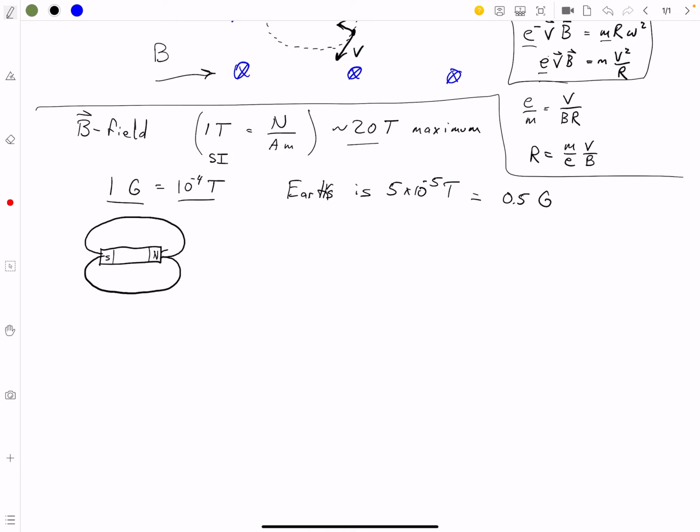Okay, so it kind of looks like this. The further away you are from the magnet, the less the magnetic field is. And of course, we could do something like put a North Pole close to a South Pole, and then our magnetic field would go like this.